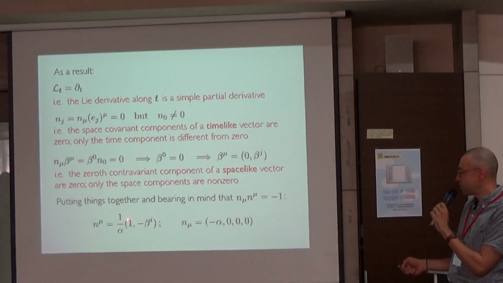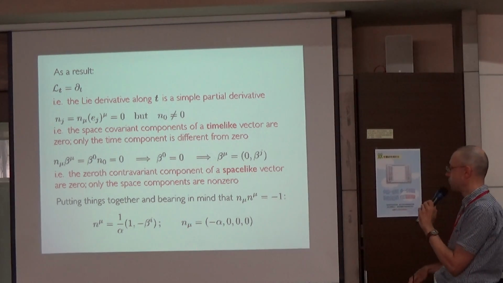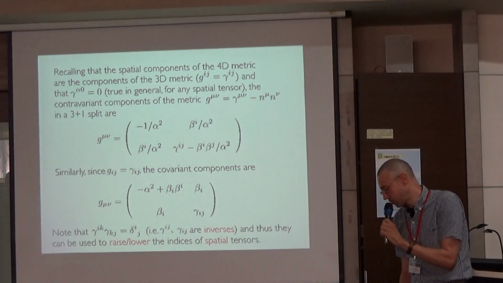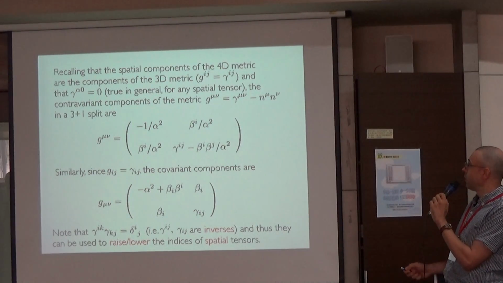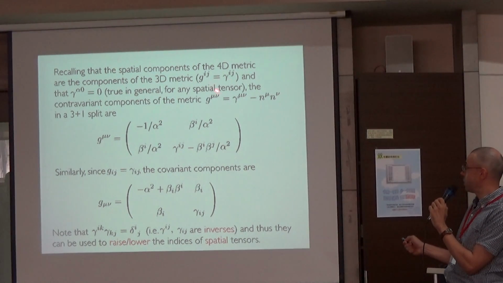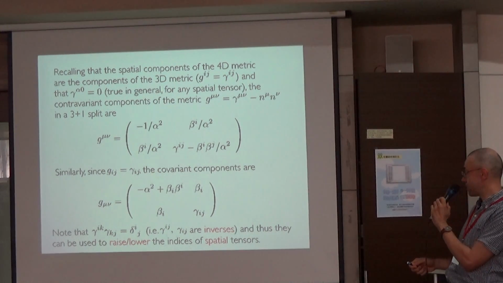It's a four-dimensional vector, 1 over alpha, minus beta i over alpha. And this is with the index up, and this is with the index down. The spatial 3-metric we have defined as gamma.